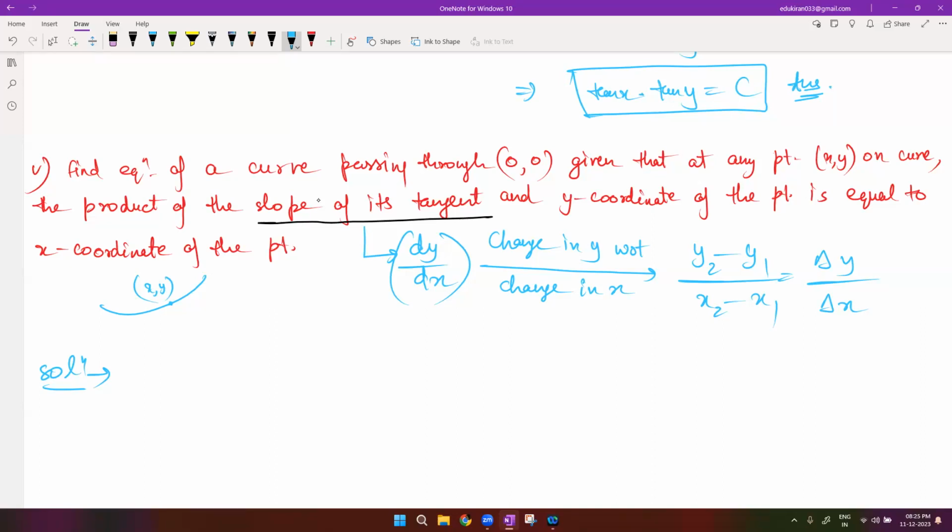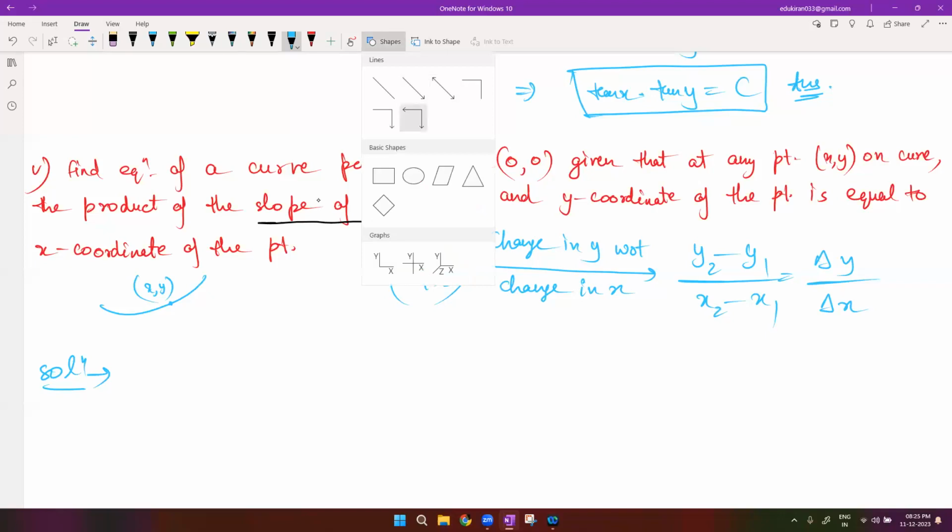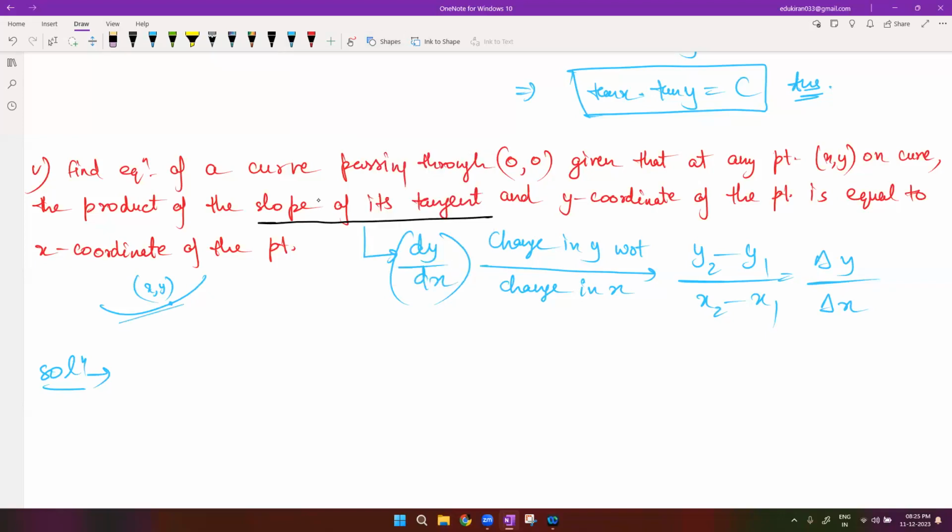Then the product of the slope of its tangent, it means that if you draw a tangent at this point, then the product of the slope of its tangent.